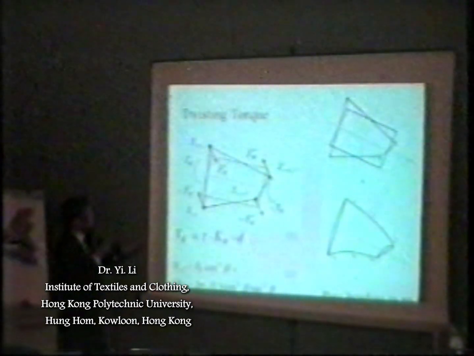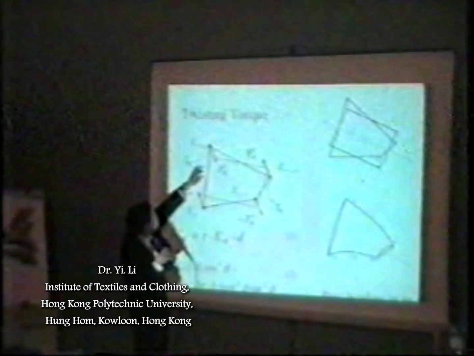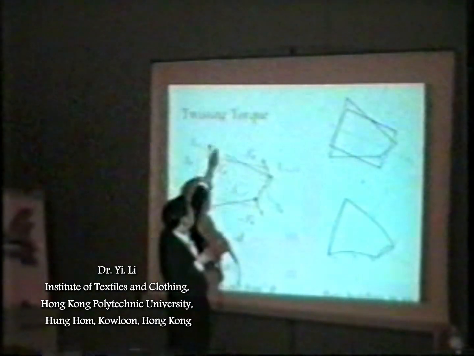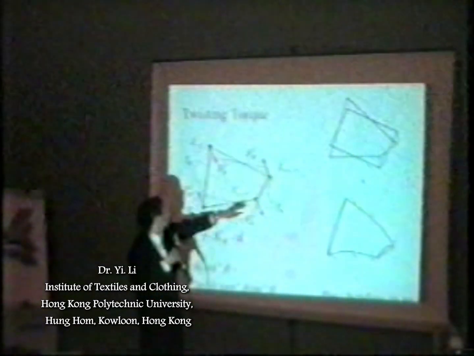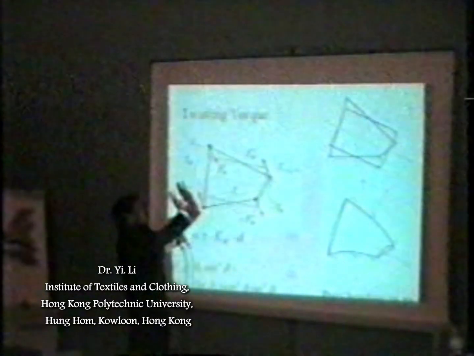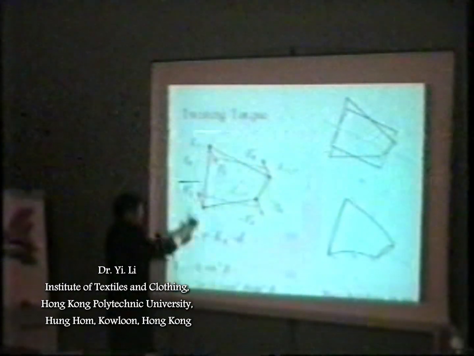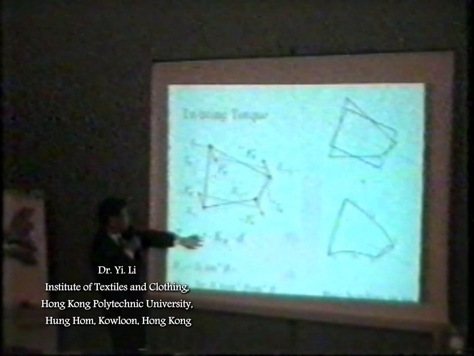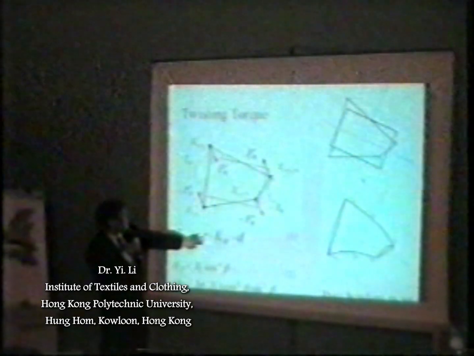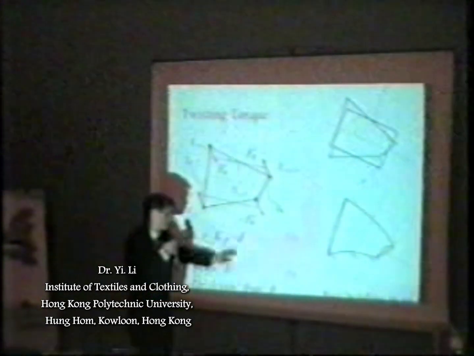The twisting effect is actually in another dimension. If you count for particles in the warp and the weft direction, you consider the torques, which I said for twisting is in another dimension. So you can say like this: the torque is proportional to the torque rigidity and the deformations.